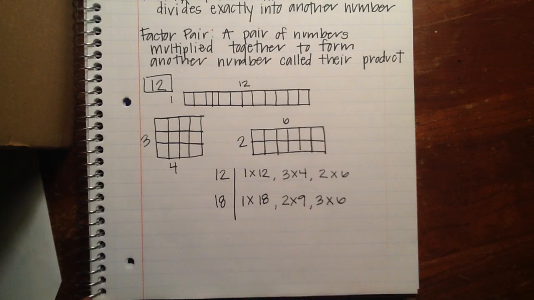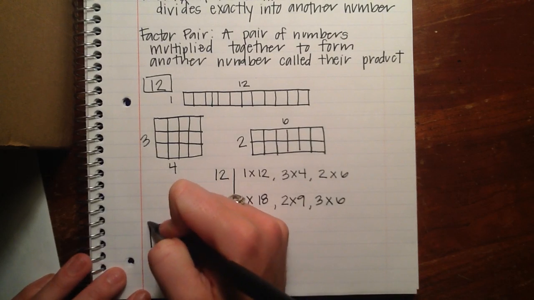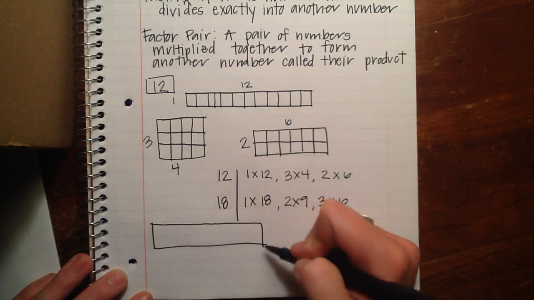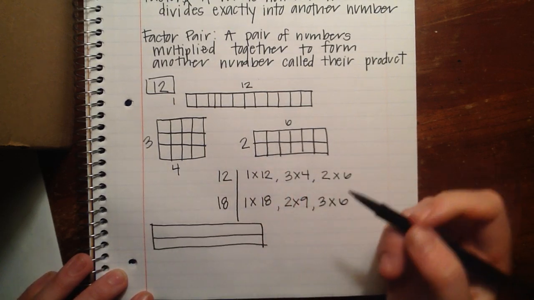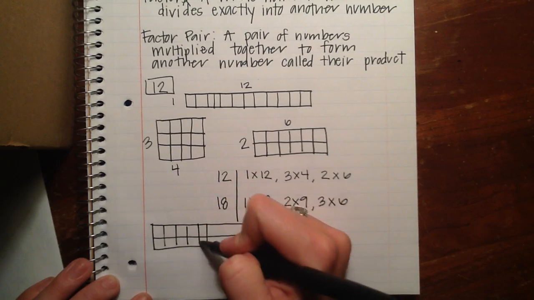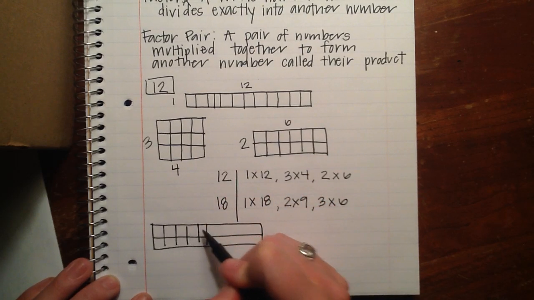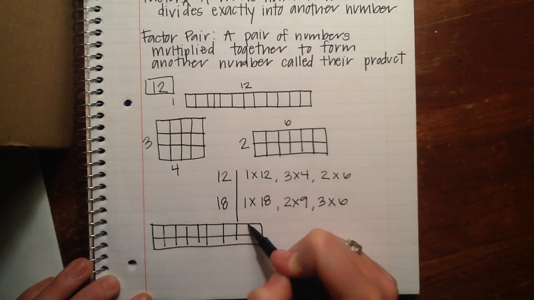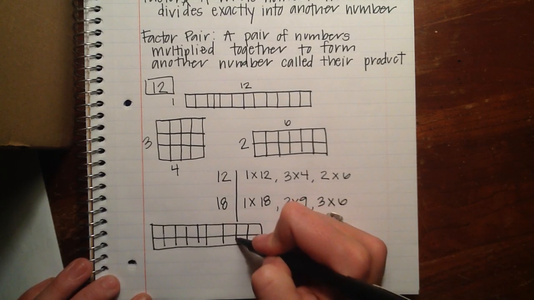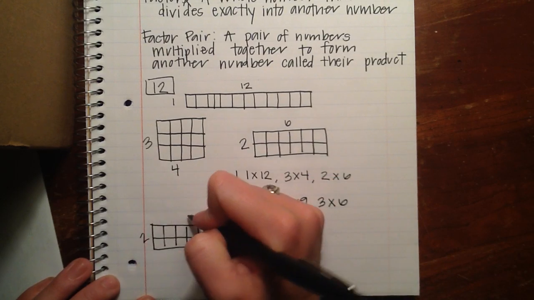And if I wanted to, I could draw it out. I have 2, and then we'll cut that. 1, 2, 3, 4, 5, 6, 7, 8, 9. Perfect. So that's 2 and 9.